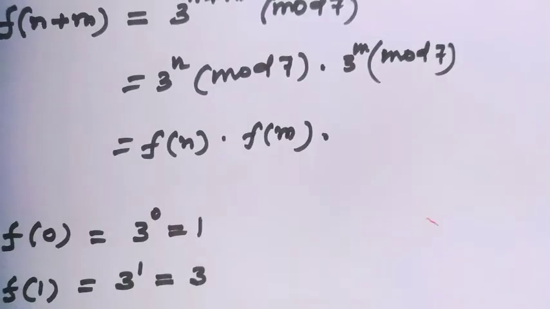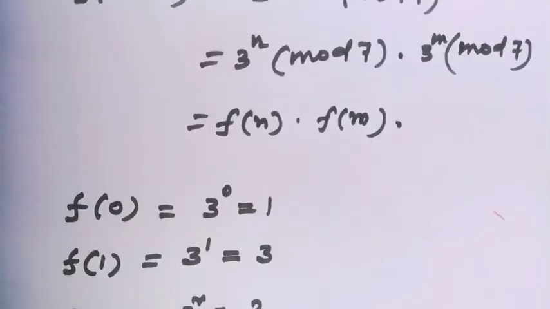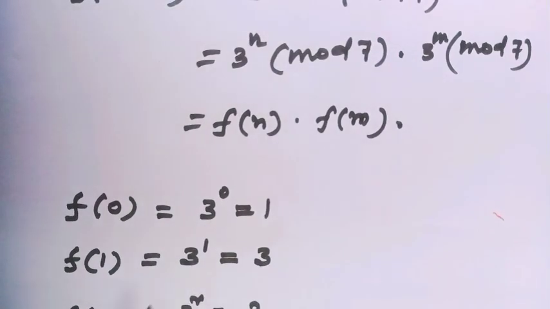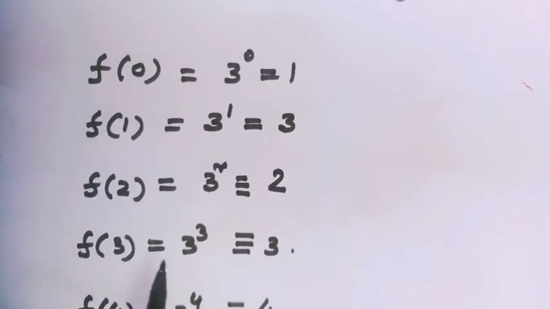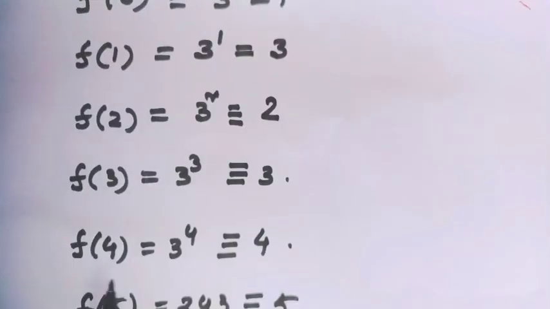Also notice, f of 0 equals 3 to the power 0, which is equal to 1. f of 1 equals 3 to the power 1, which is equal to 3. f of 2 equals 3 square, which is congruent to 2. f of 3 equals 3 cube, which is congruent to 6. And f of 4 equals 3 to the power 4, which is congruent to 4 in modulo 7.